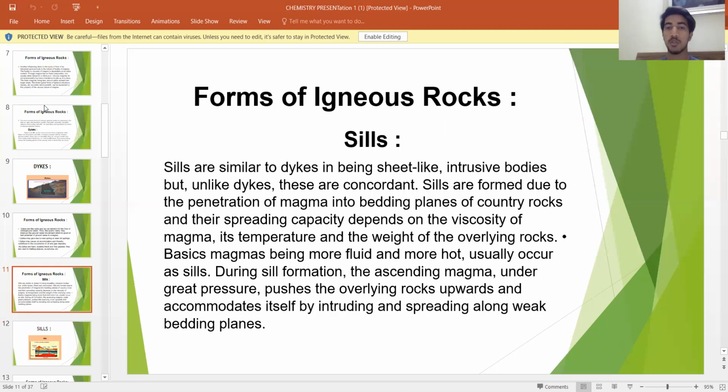So now we will discuss sills. Sills are also called sheets. These are flat intrusions of igneous rock that form between pre-existing layers of rock. Sills occur parallel to the bedding of the rocks that enclose them, and though they may have vertical to horizontal orientations, nearly horizontal sills are most common.